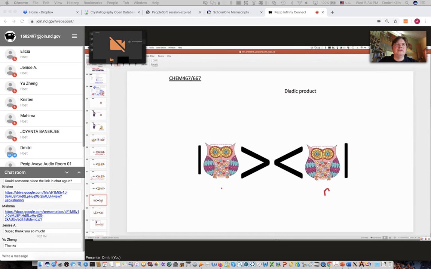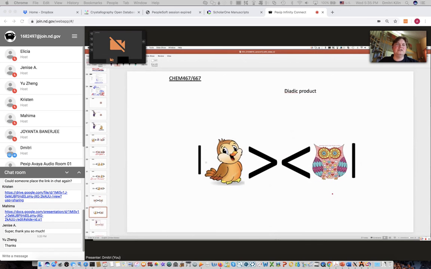And in sophisticated language, it's called dyadic product. So converting owl into the owl means identity, changing nothing. If one has owl on the right and skylark on the left, it will be the wizard that converts owl into the skylark.